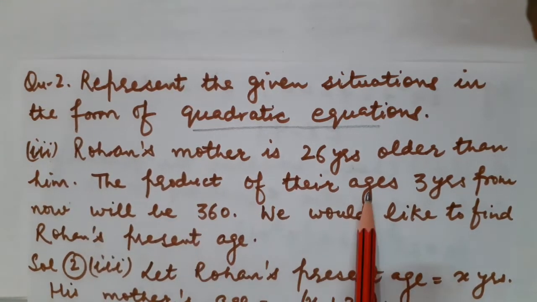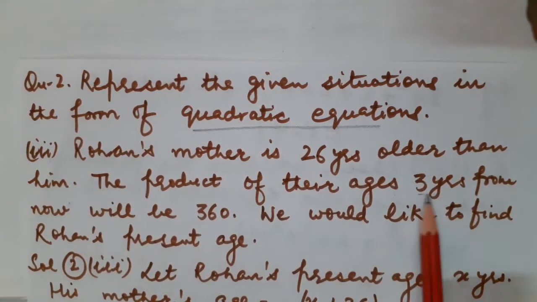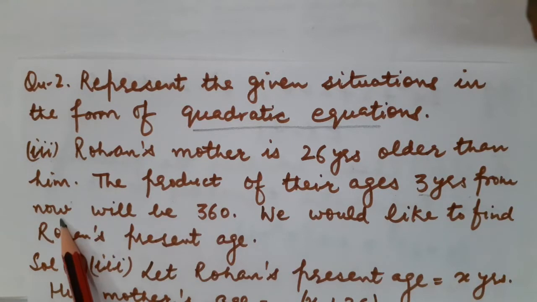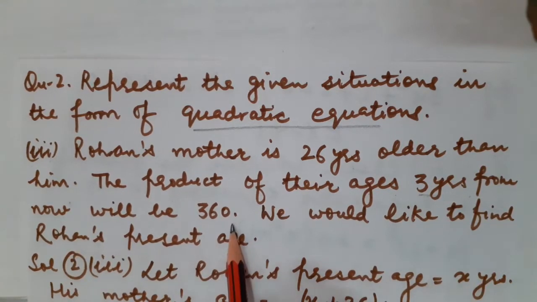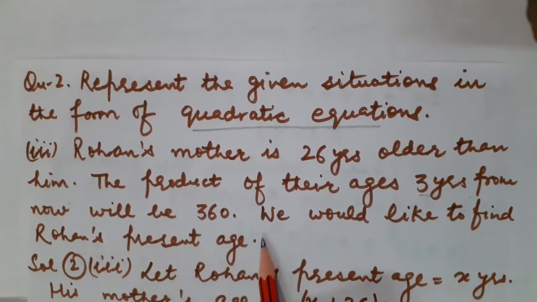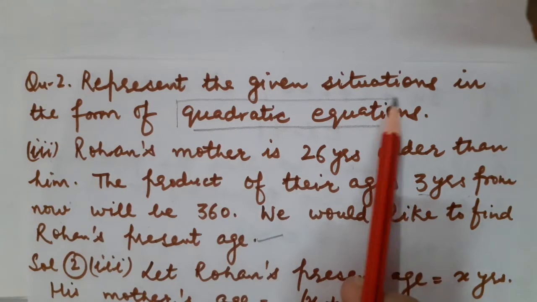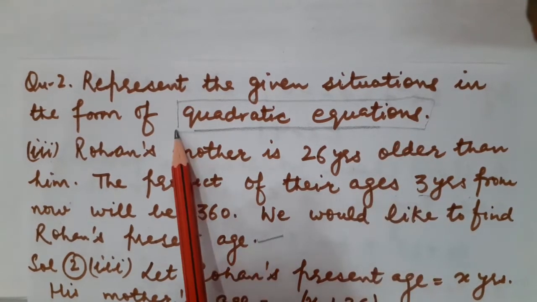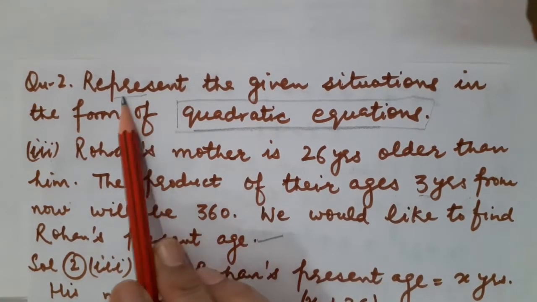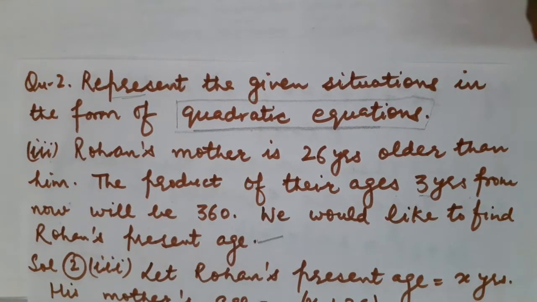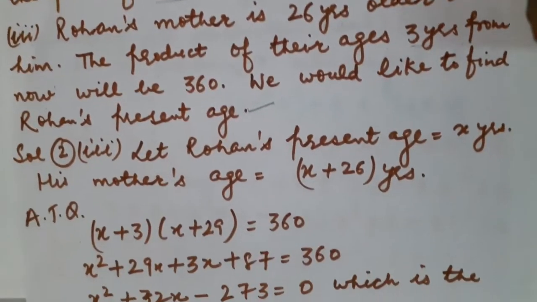The product of their ages 3 years from now will be 360. We would like to find Rohan's age. Means we have to consider Rohan's age.